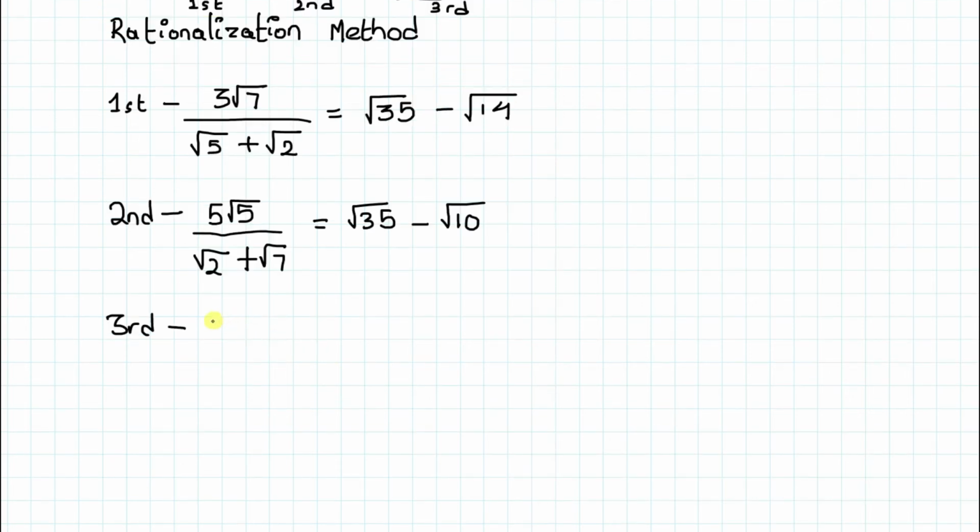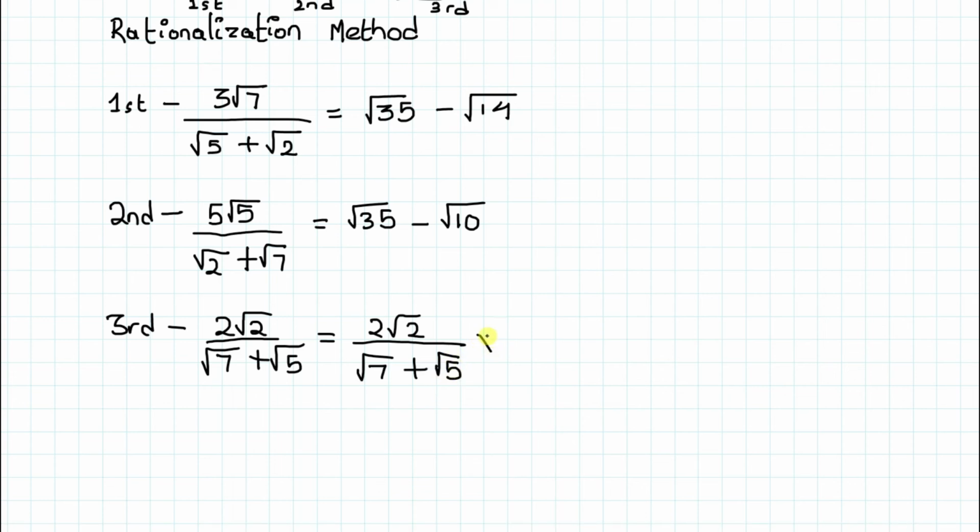By applying the rationalization method in the third term, what we'll get is, the third term is 2 root 2 divided by root 7 plus root 5, multiplied with, the terms will remain, only the sign will be changed, root 7 minus root 5 divided by root 7 minus root 5.